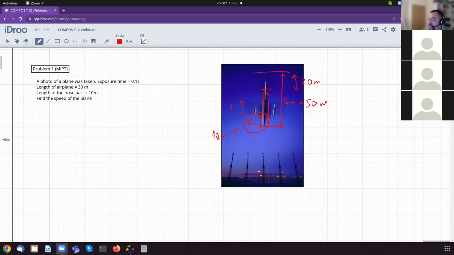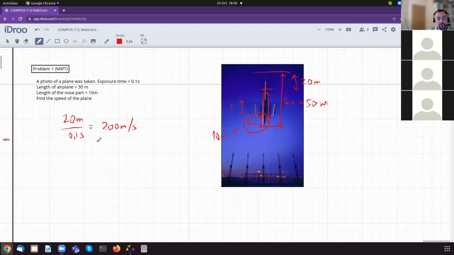Okay. Brilliant. Because the length of the plane is 30 meters, but on the picture it's 50 meters. That means it has traveled 20 meters in 0.1 seconds, and very easy, we get 200 meters per second.